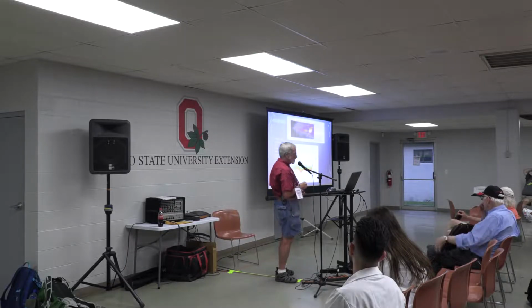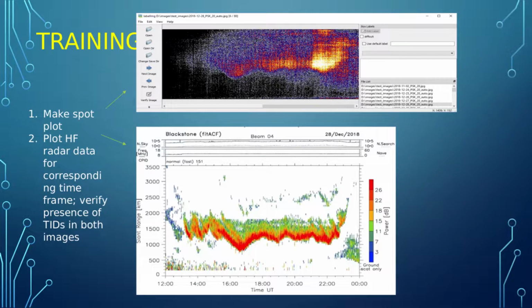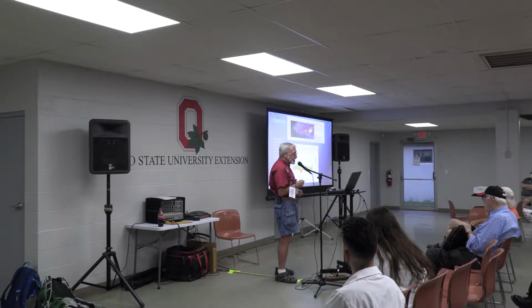So you have to go through your images and mark the features. I plotted, using this method here, about 5 years worth of data, daily plots for 5 years. Then I went through them.